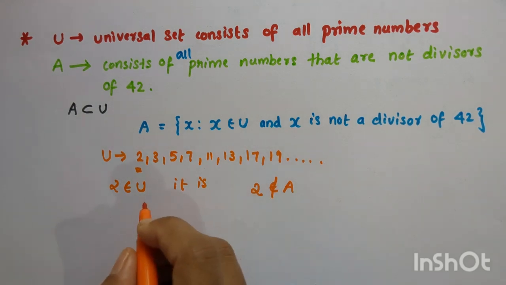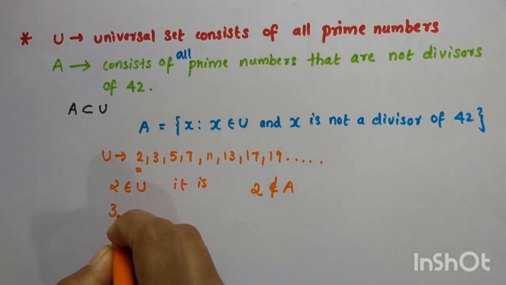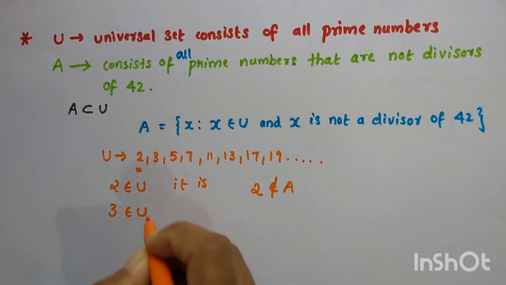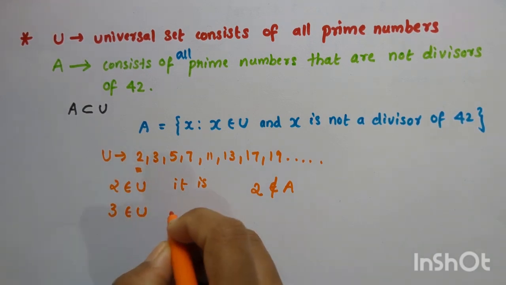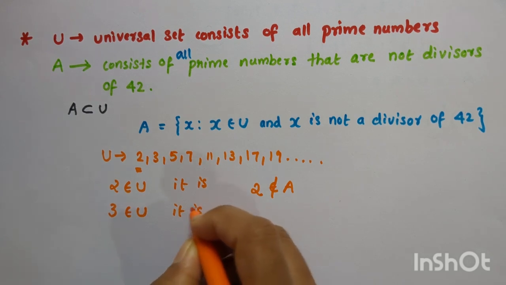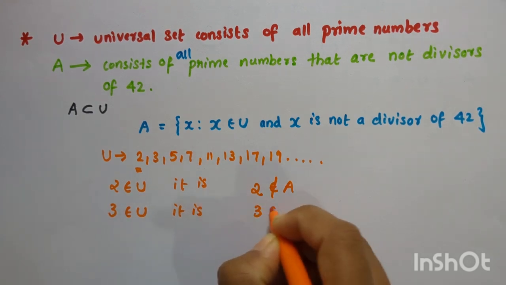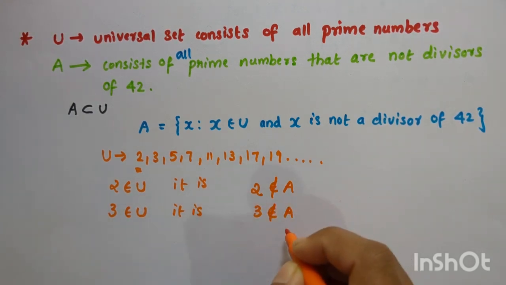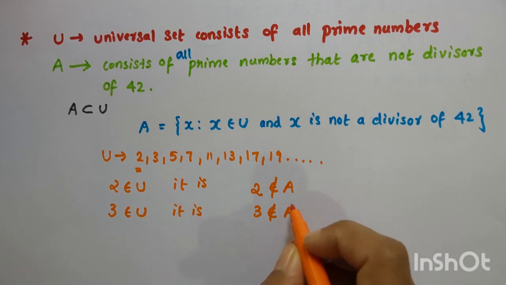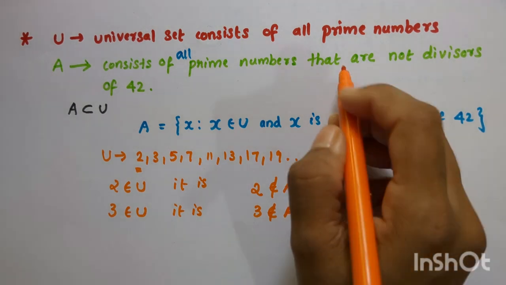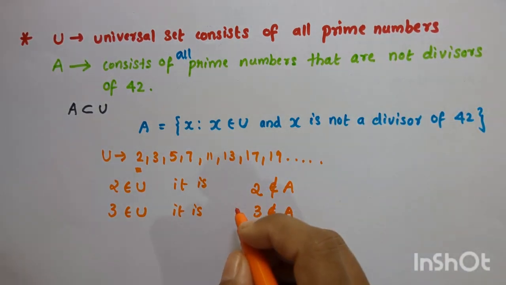Similarly, if you consider the element 3, 3 belongs to the universal set U, and 3 is also a divisor of 42. So 3 does not belong to A, because the elements in A are not divisors of 42.